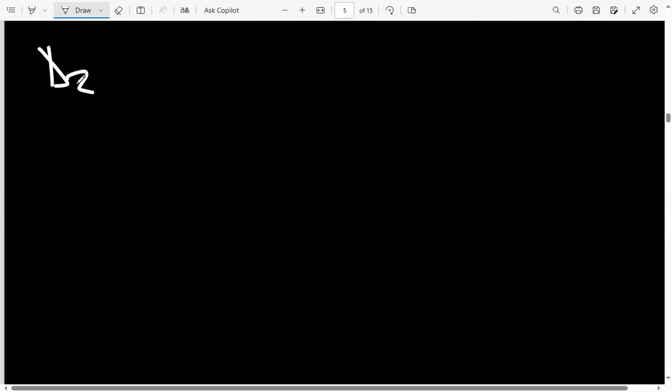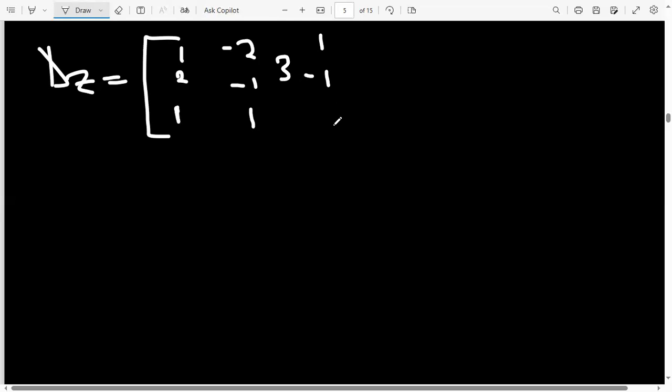So the dz matrix was given by 1, 2, 1, -2, -1, 1, and then we have 1, -1, 3. Okay, so let's find the determinant of this again.